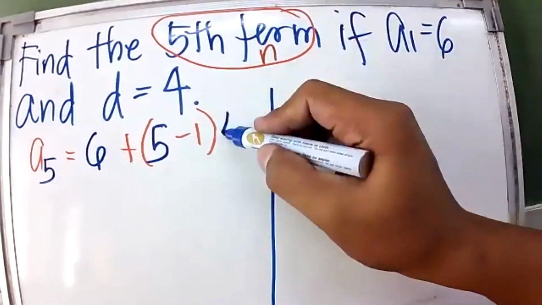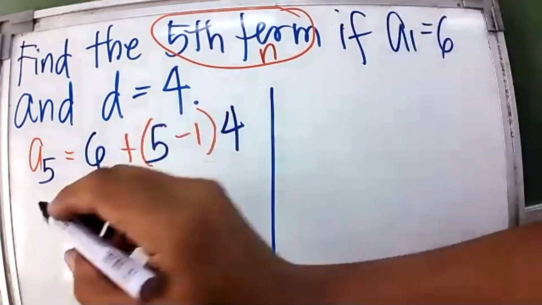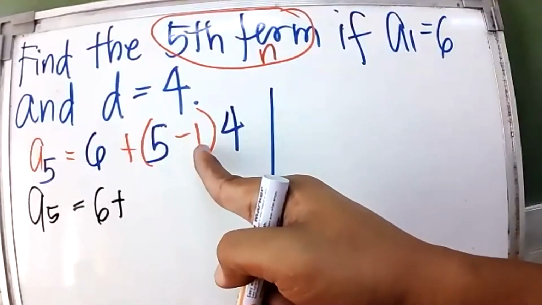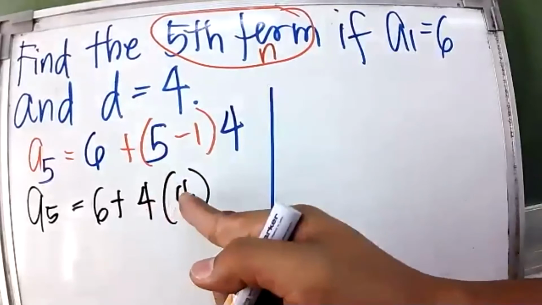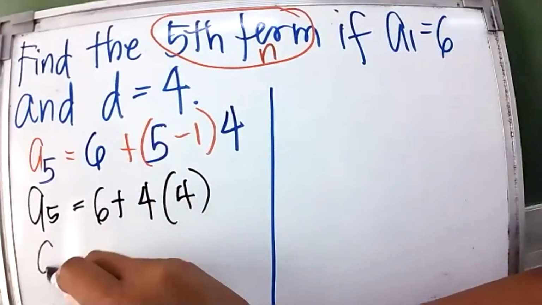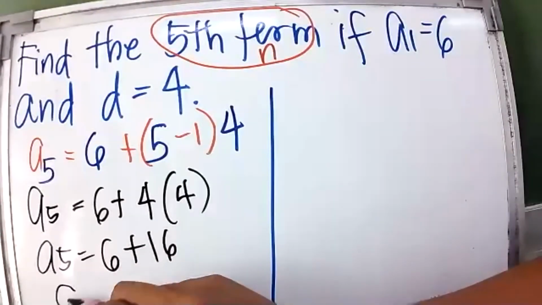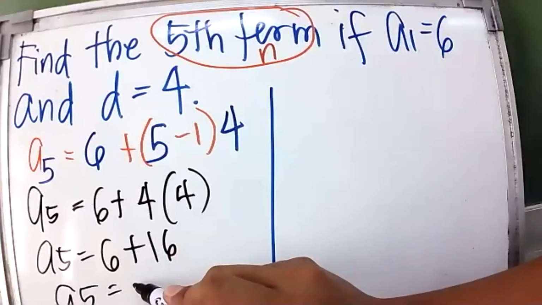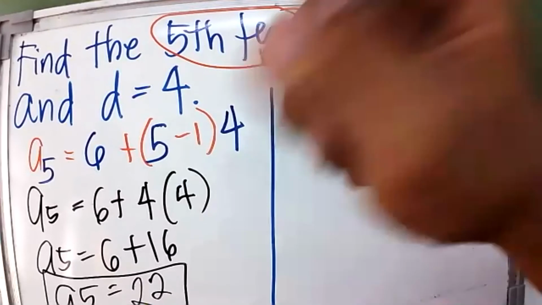Very good. Now let's solve it. So we have here a sub 5 is equal to 6 plus 5 minus 1, that's 4, times 4. And 4 times 4 is 16. 16 plus 6. What's the answer? 20. That's our fifth term. That is by using the formula.